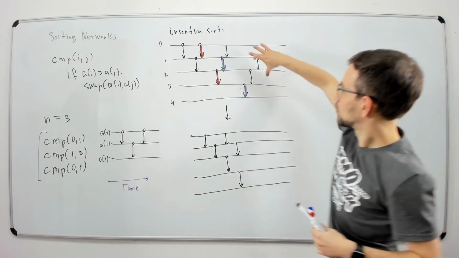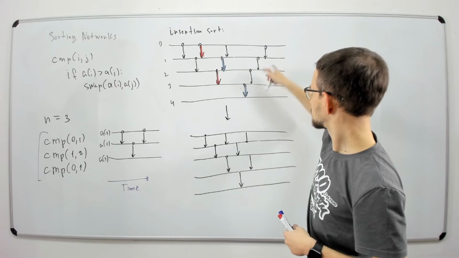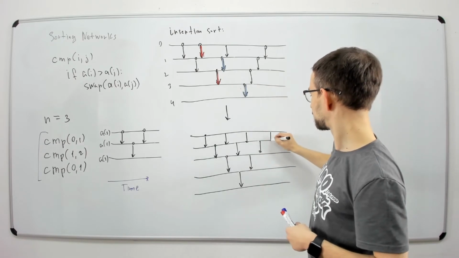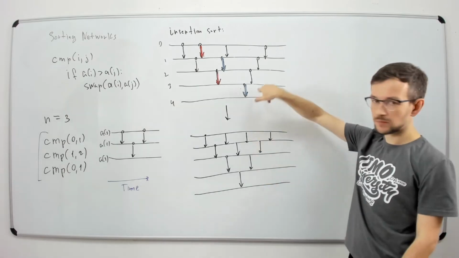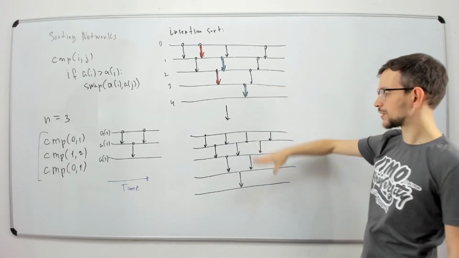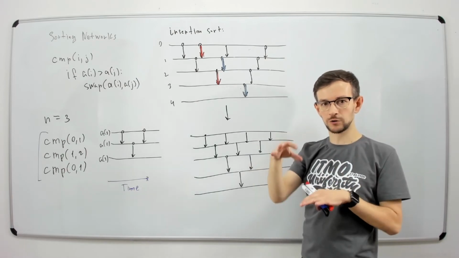And so on. Now we take these two comparators, put them here. This comparator put here, and this put here. So this is the same sorting network, but here we allow multiple comparators to be called simultaneously.